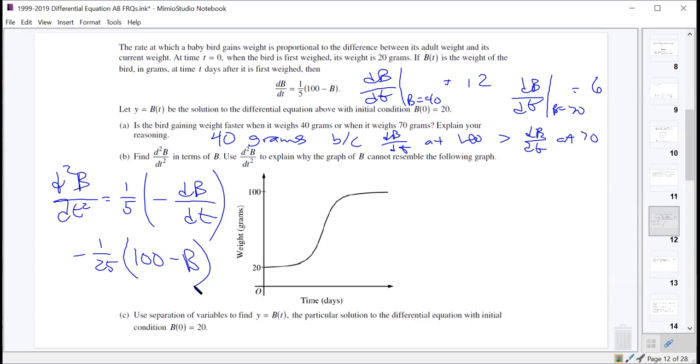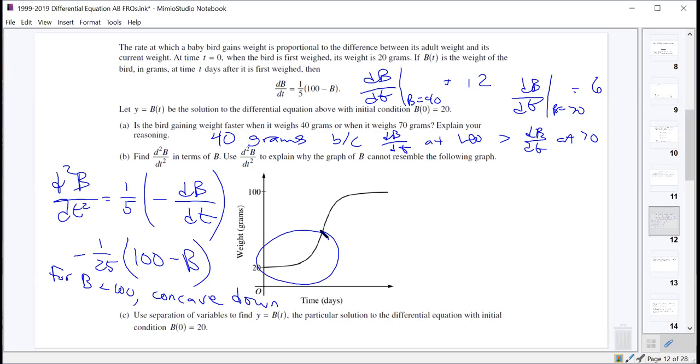So what does that tell you about the second derivative? For b less than 100, because that's all we're looking at in the graph, this should be concave down, right? Because if b is less than 100, 100 minus something less than 100 is positive. And we have a negative 1/25 of that positive, which makes it negative. So this should be concave down.